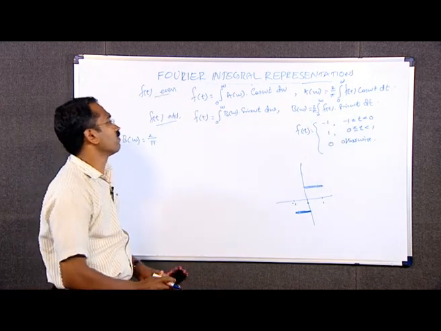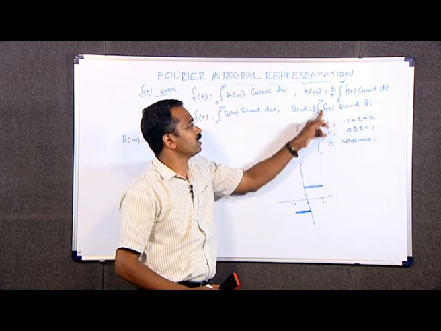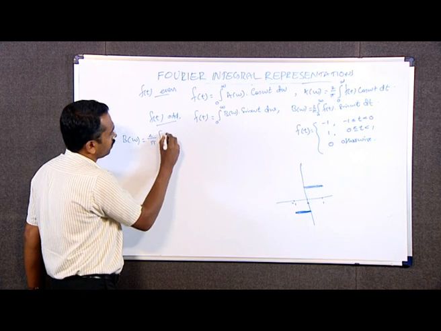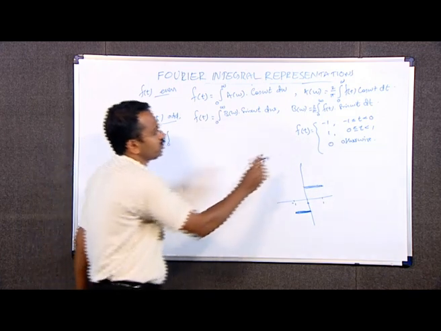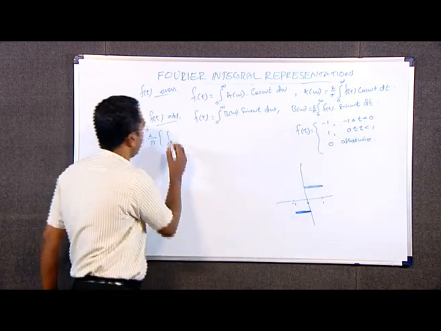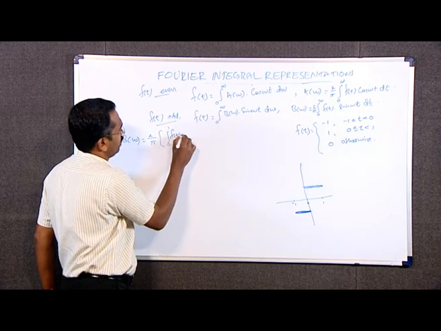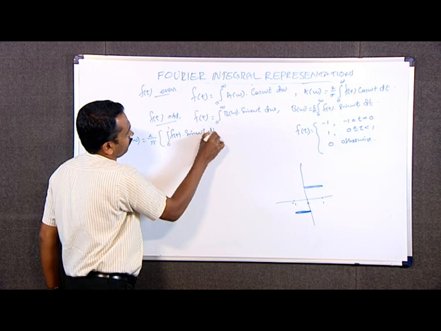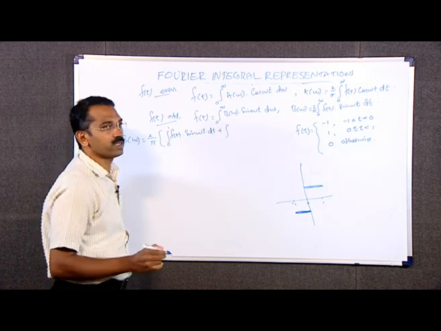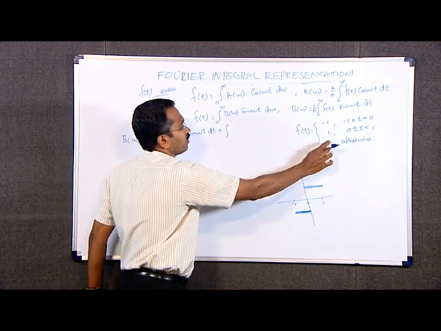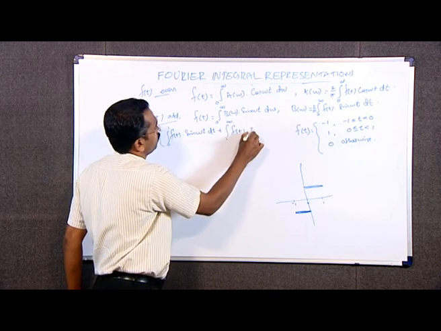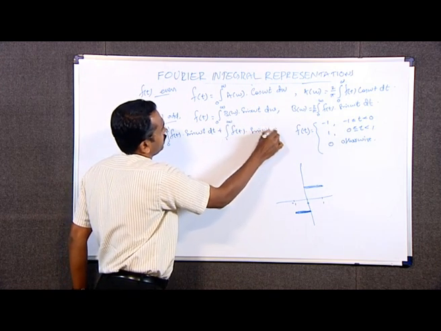That is, we have to split this range 0 to infinity as integral from 0 to 1 f of t into sin omega t dt plus integral from 1 to infinity f of t into sin omega t dt.